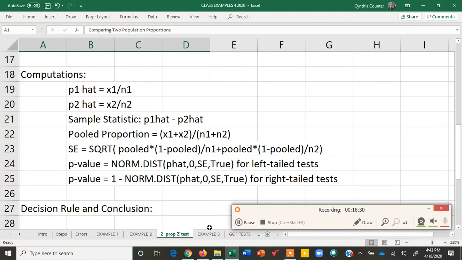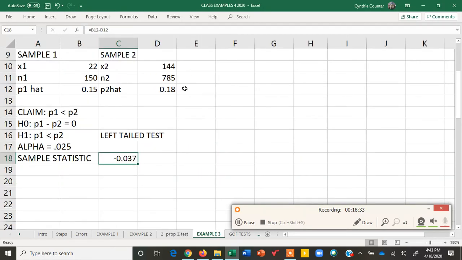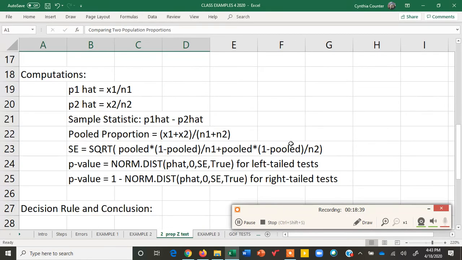Our second sample had a size of 785 relative to the first sample, which is 150. So it's much larger. Therefore, the second sample has a much larger effect in making this part of the equation smaller. Denominator bigger, numerator the same, then this fraction will be smaller. So this is contributing less to the variation in the distribution than the smaller sample size.